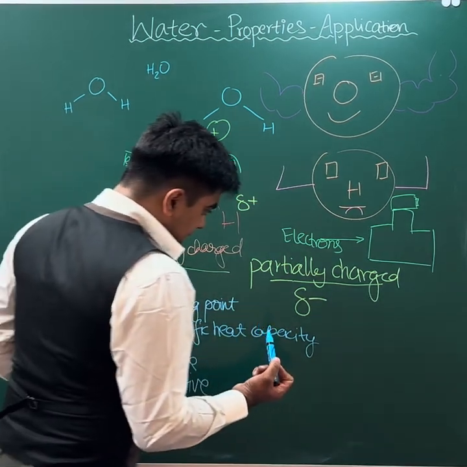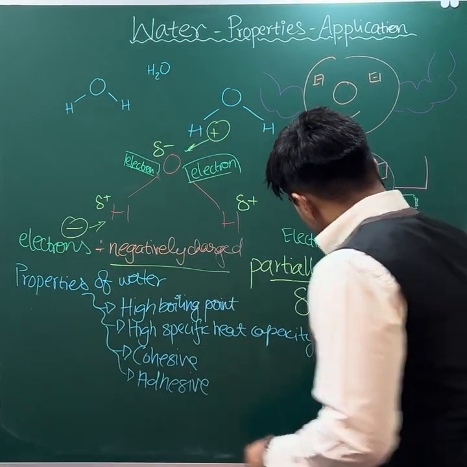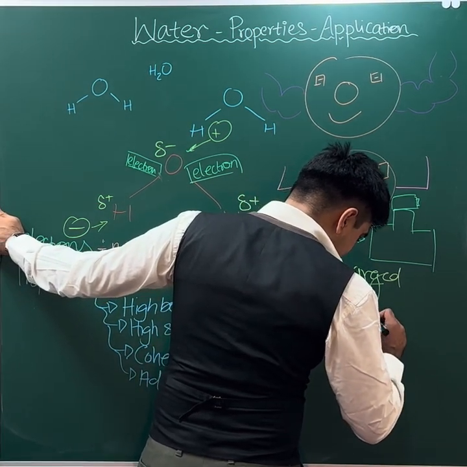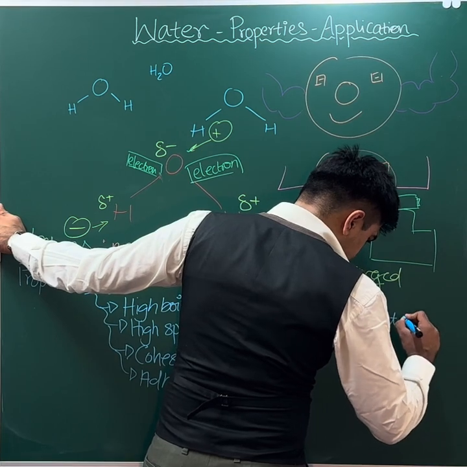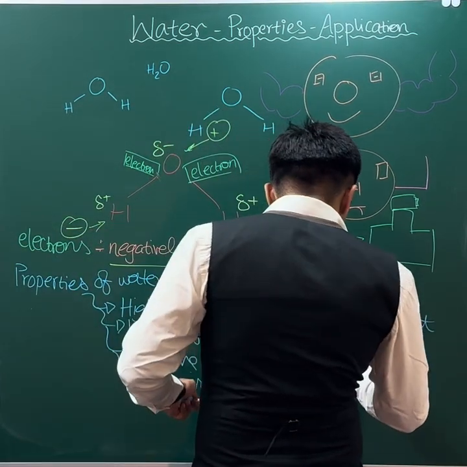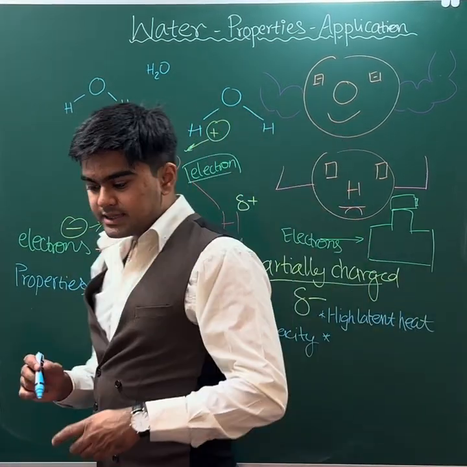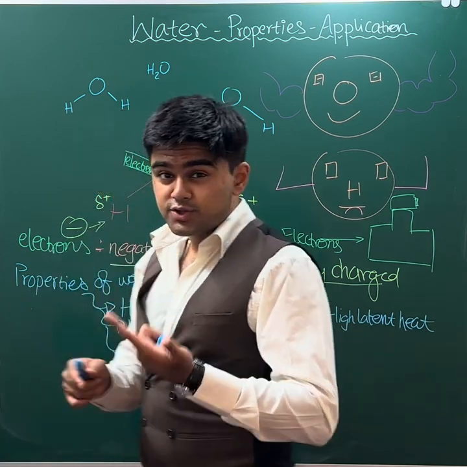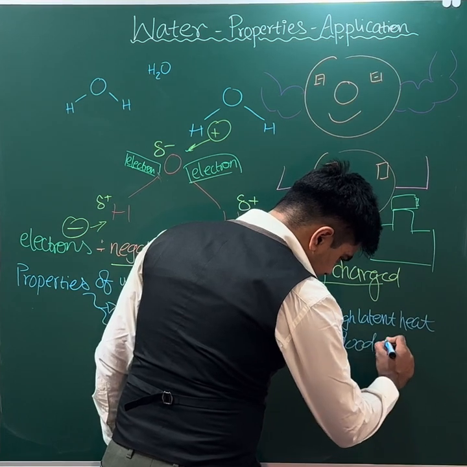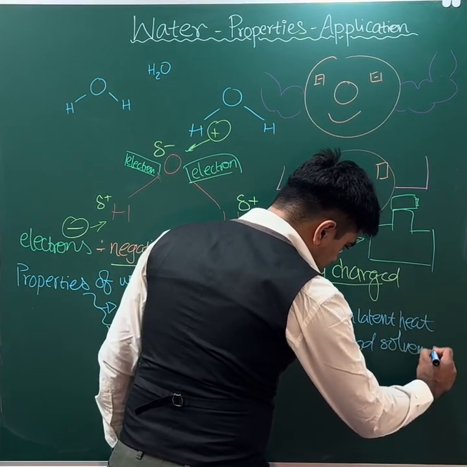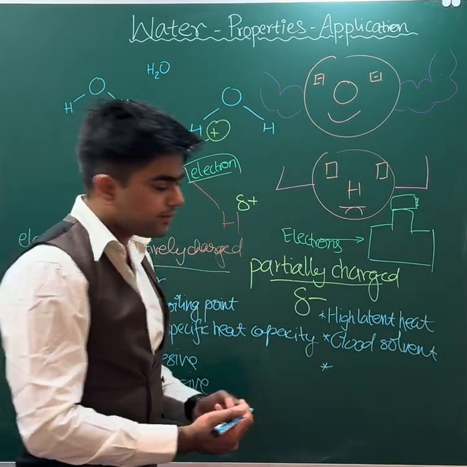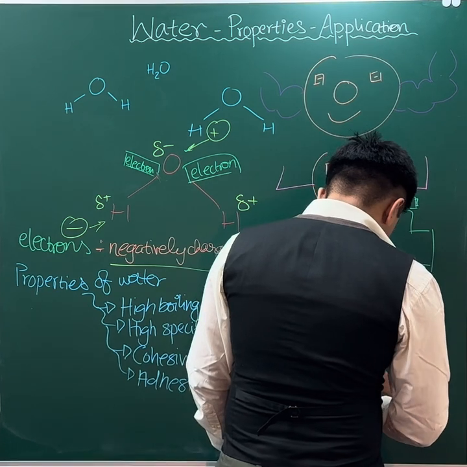The next one we want to know is a high latent heat. Water has a high latent heat. Next one we need to know is water is a good solvent. The final property that we need to know is that water is incompressible. Okay, so it is incompressible.